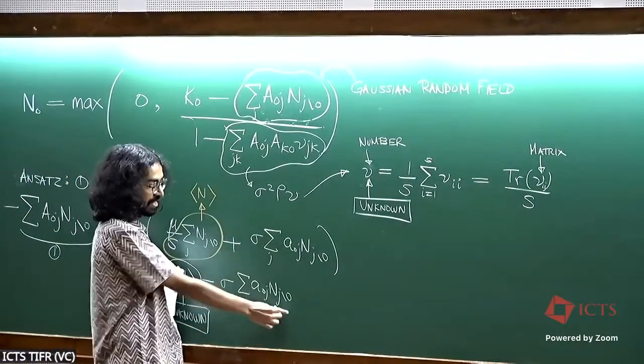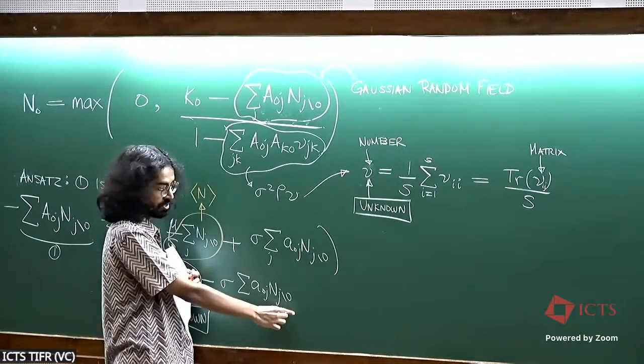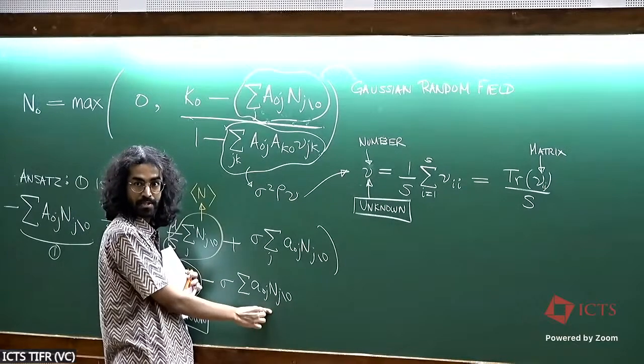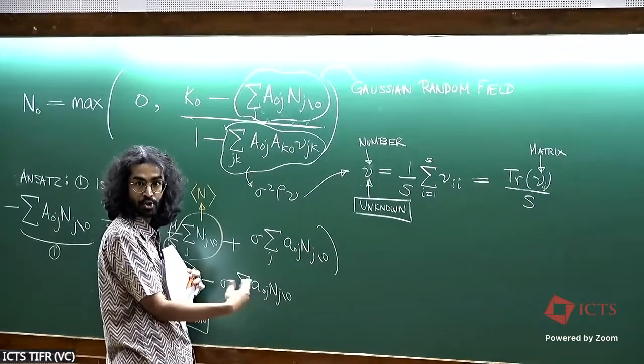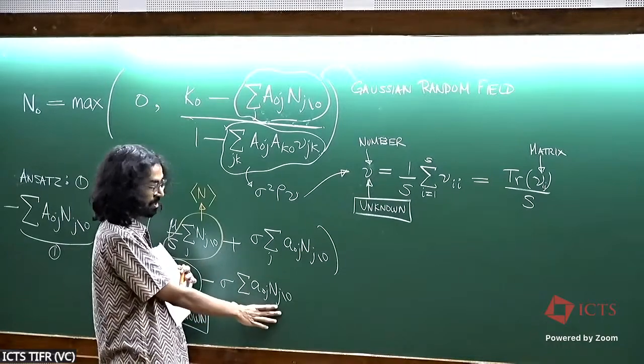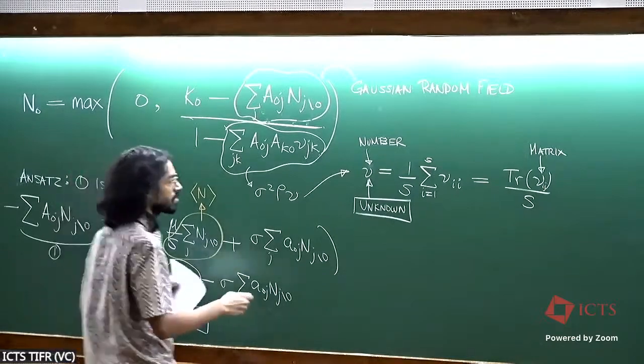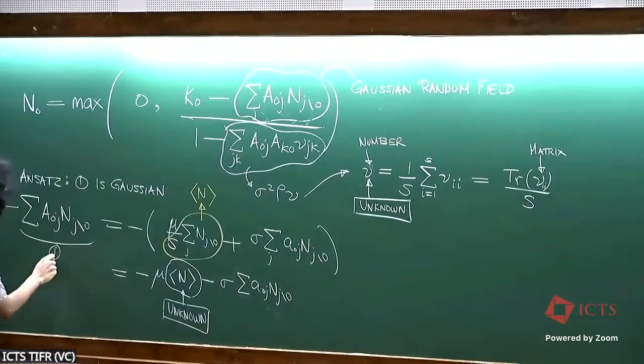If this and this are uncorrelated, which we argued they should be, because this one is before the perturbation, this one is after the perturbation, they shouldn't know anything about each other, then what should this whole term be? 0, right? So that means this thing has a mean which is minus mu times mean of n. I still don't know what this is, but if I knew it, then I would know the mean.